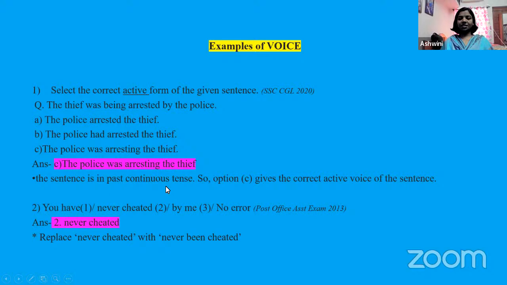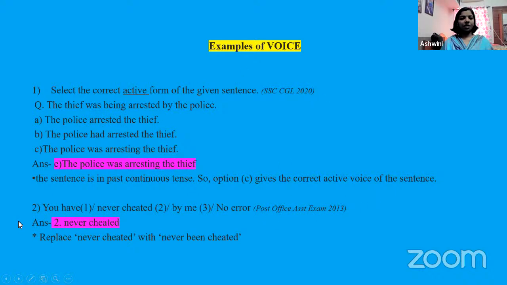Now the sentence is in the past continuous tense, so option C gives the correct active voice of the sentence. Now this question was asked in 2022. You must learn these types of questions. You have to focus on such types of questions.